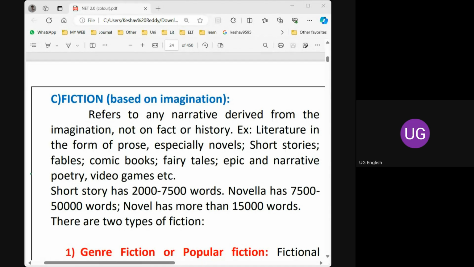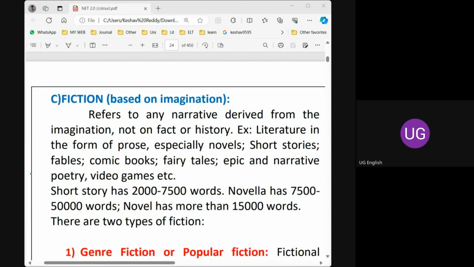It's a narrative. Fiction is nothing but a story told with imaginary characters, imaginary situations. It's not history. It is not based on facts. If it is based on the facts, if it is based on real stories, we call it non-fiction.